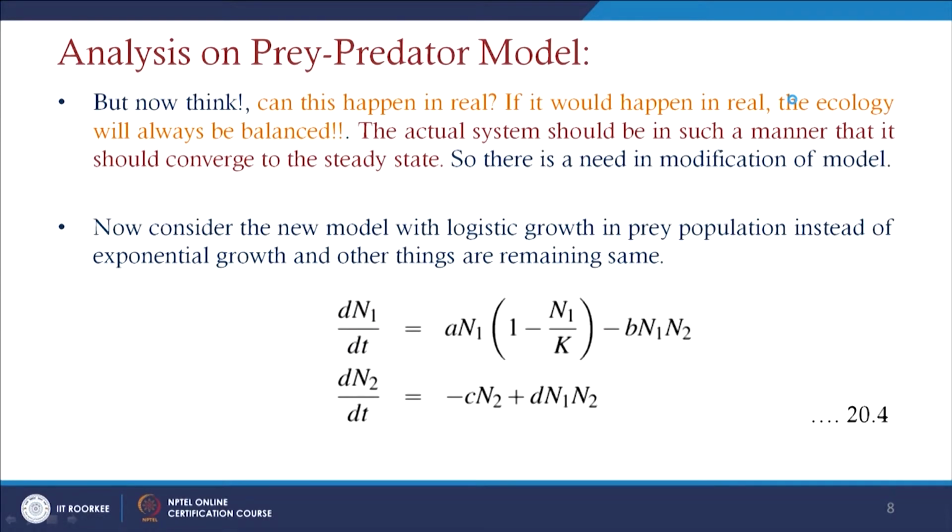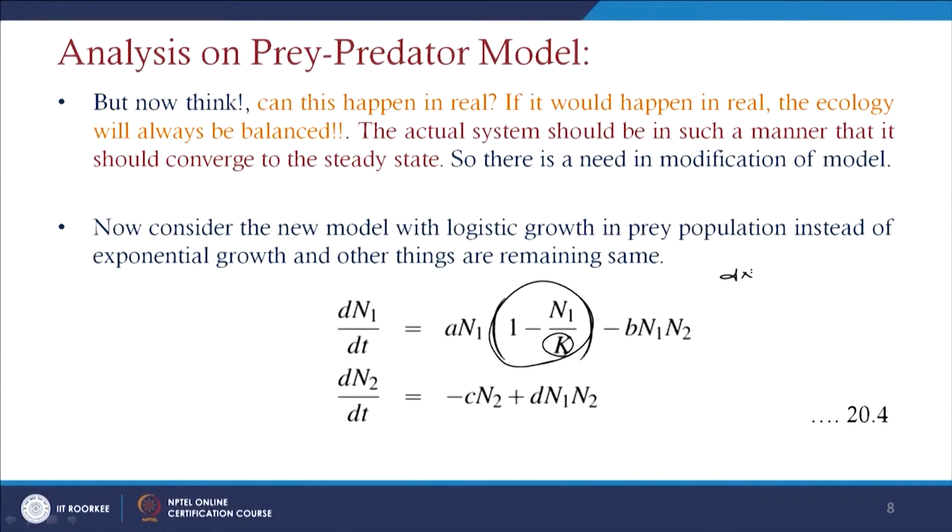Now, consider this new model with logistic growth population instead of exponential growth population. We have to modify this model as dn1 by dt, which can be written with a maximum carrying capacity, that is k here. So, we have balanced this equation in the form of (k minus n1) by k. This is the only modification we have done from the earlier equation.